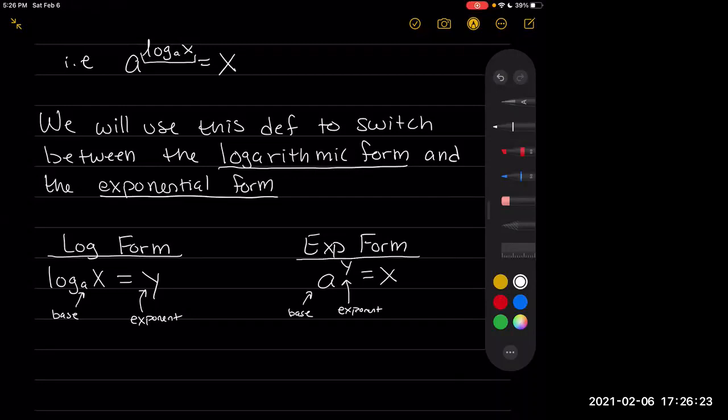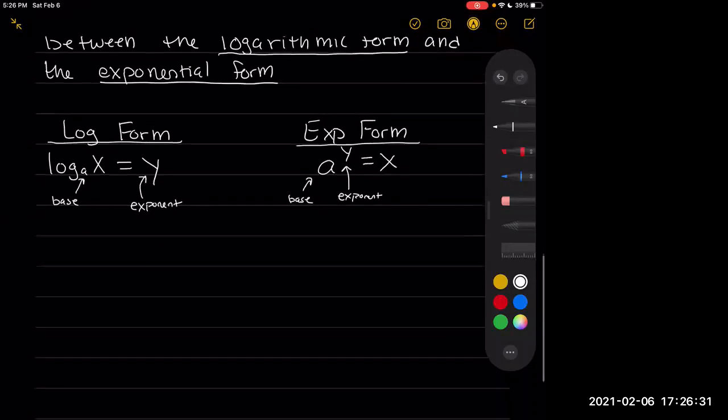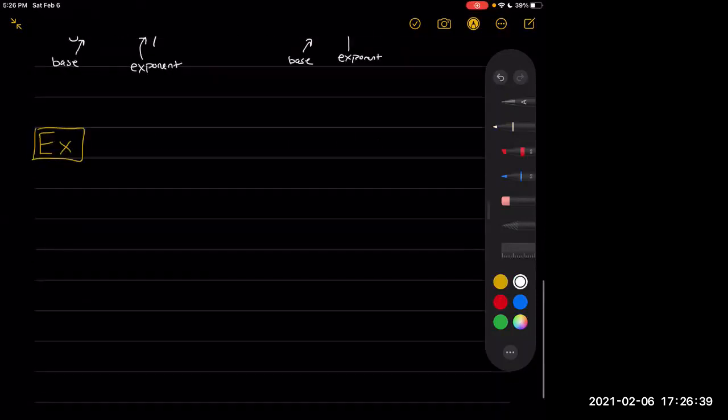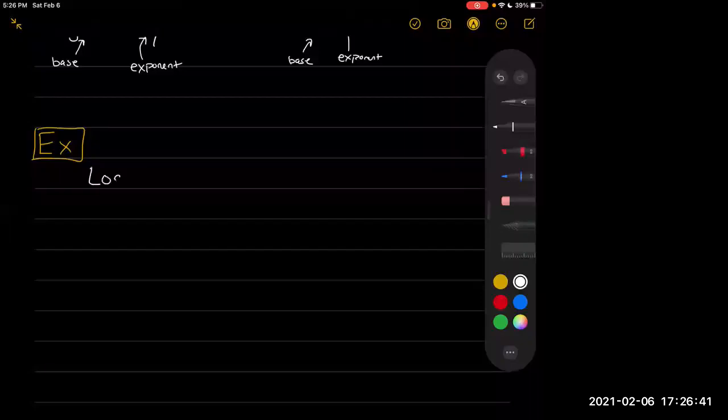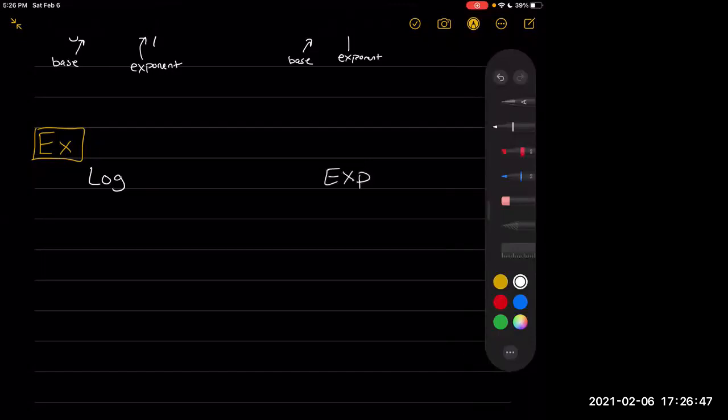Okay. So now we're going to do an example that is switching between the log and exponential form. First, let's look at log base 10 of 100,000.